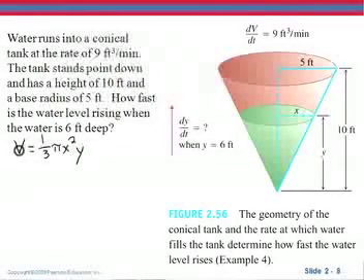Now notice that we know the change in the volume, and we know we're looking for the change in the y, but we know nothing about the change in the x. So we cannot just differentiate here, because then we're going to have a dx dt, and we don't know any information about that. So what we need to do here is find this formula in terms of just V and just y.